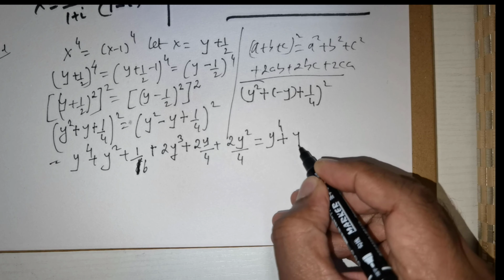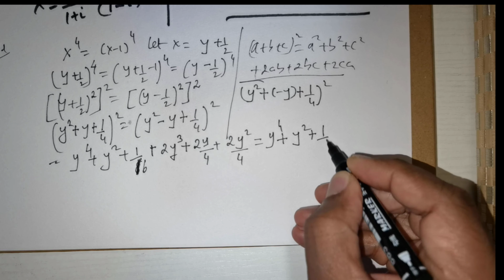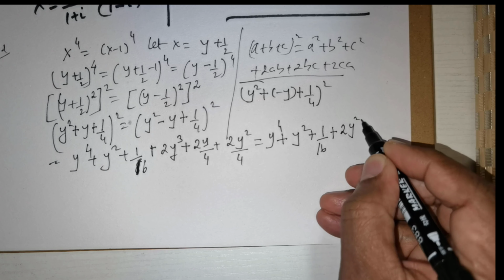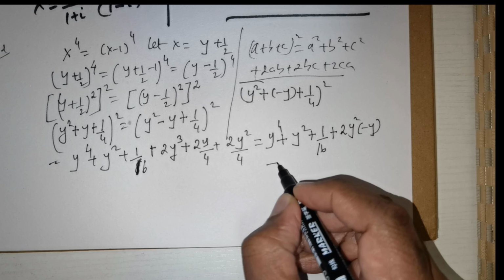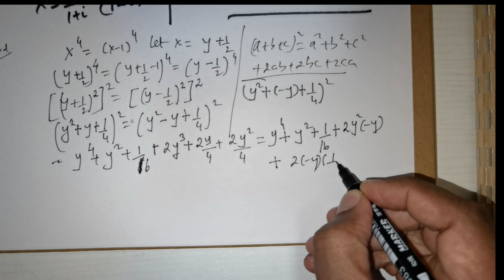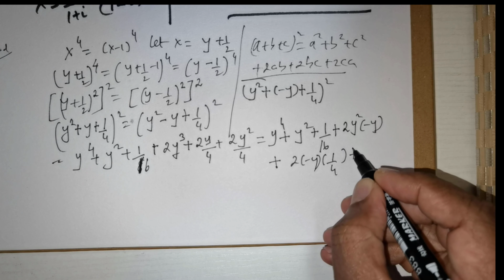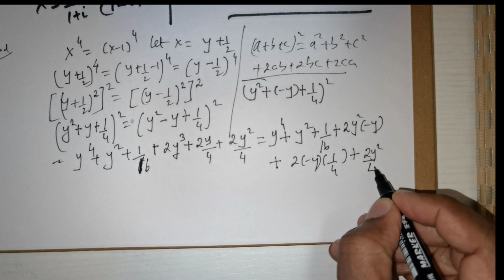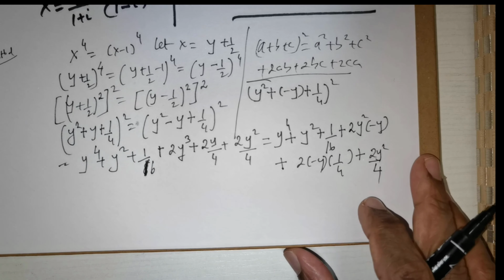So this is going to be y to the power 4, this is going to be y squared, this is going to be 1 over 16, this is going to be 2 times y squared times negative y, plus 2 times negative y times 1 over 4, and plus 2 times y squared times 1 over 4. So this is what I've got.